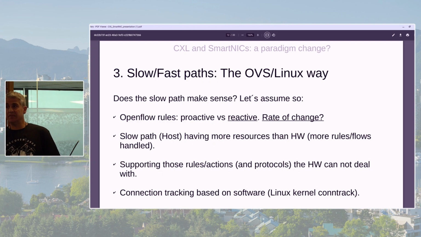It means that the packet can be handled by any of the two sides, and it makes sense because, first of all, you have two ways of populating these match and action tables or the DRAM. One is a proactive way, you put everything in when the VM is deployed, or you can populate it when something happens with the traffic regarding that VM, right?